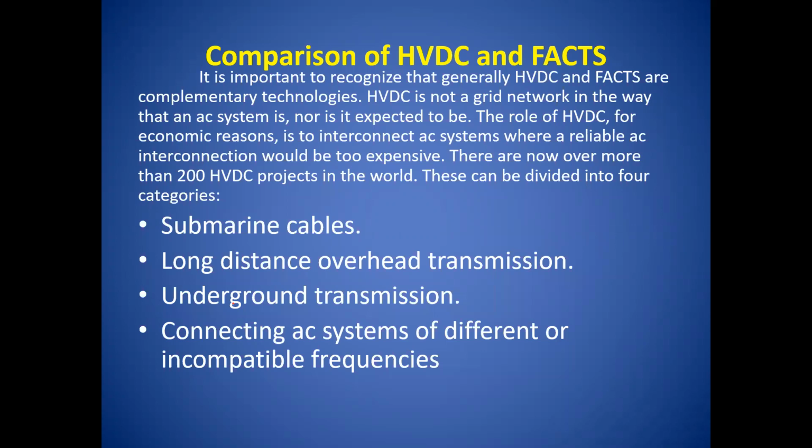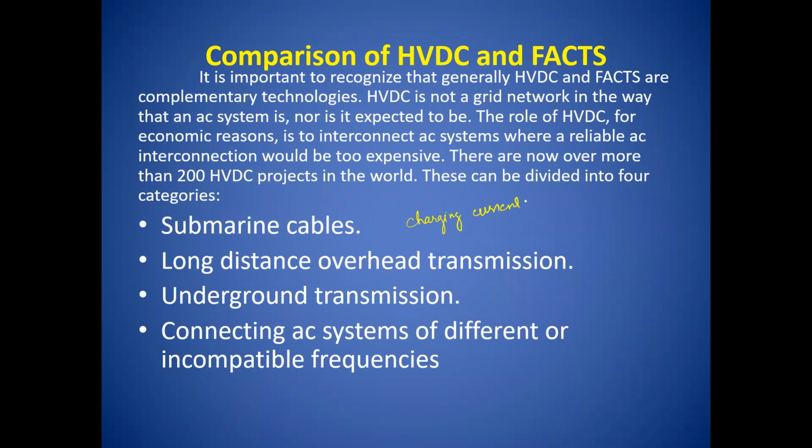Okay, so we will start with the submarine cable. Submarine cable is the cable which is laid through water. It may be across a big river or the sea. When we are using a cable, it has capacitance, and it has charging current. That is very important, the charging current.